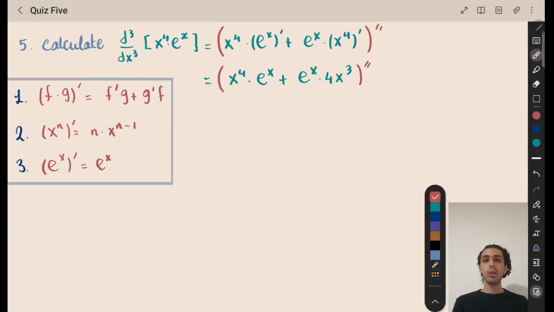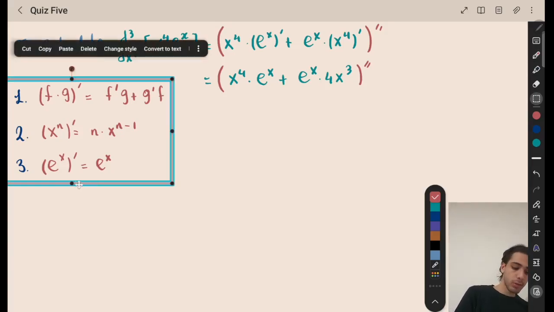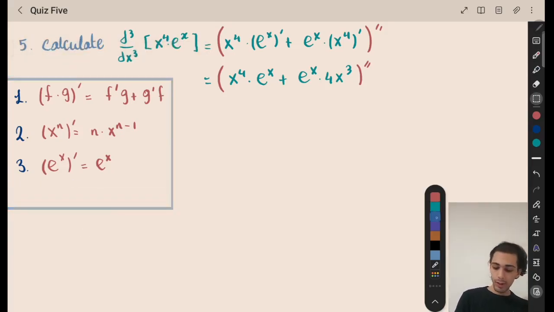So we still need to take 2 more derivatives. But then probably there's another property which I always miss. Usually I write 3 properties and then the fourth one I think of on the spot. So the derivative of the sum of 2 functions is the sum of the derivatives of the 2 functions.